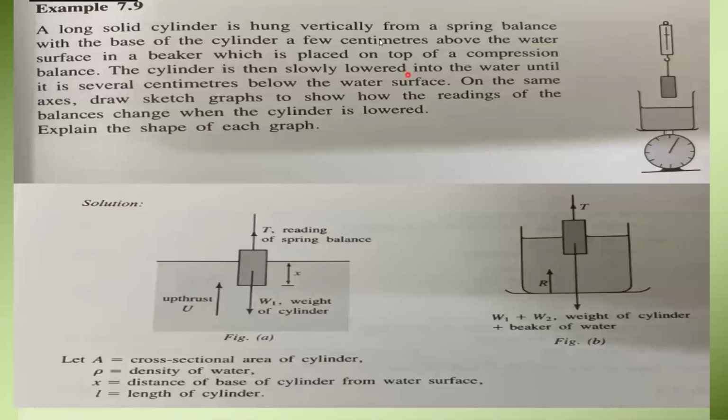On the diagram, show how the reading of the balance changes when the cylinder is lowered. So if we lower this cylinder, how the reading of the balance will change, that we have to find. How the reading of the spring balance will change and how the reading of the compression balance will change.